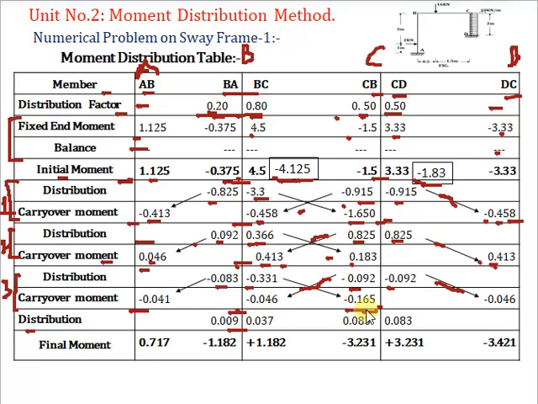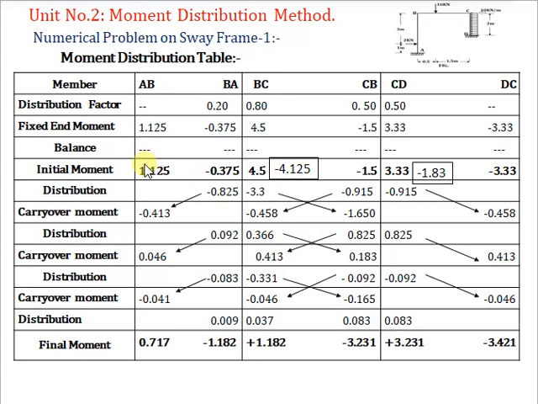Same way, positive 0.165 into the distribution factors gives distribution moments 0.083 and 0.083. Now these values are very small, so let's stop here and do the addition of the initial moments.